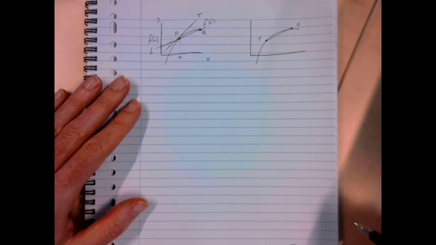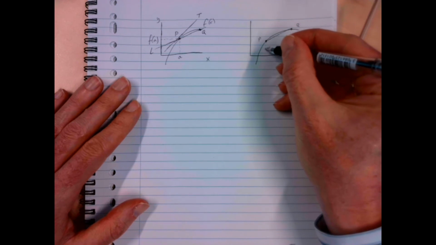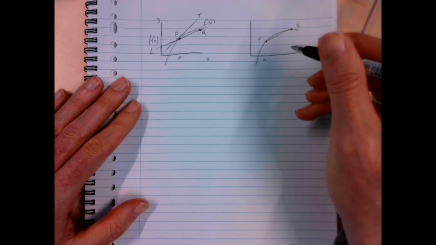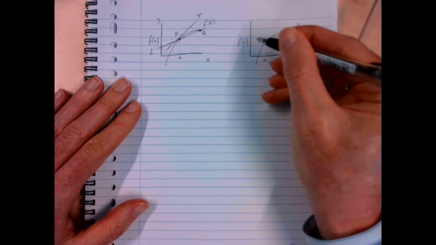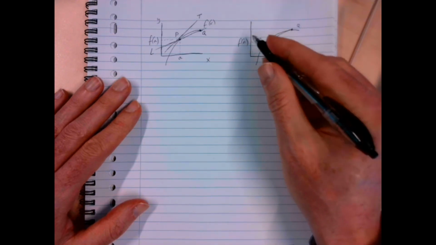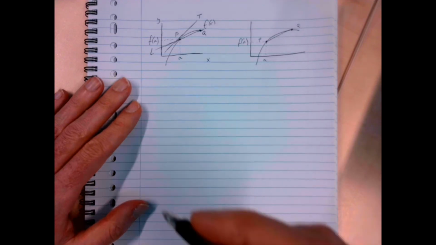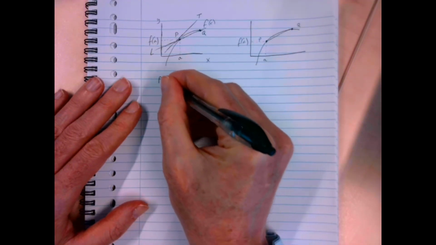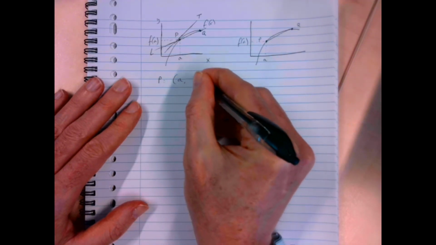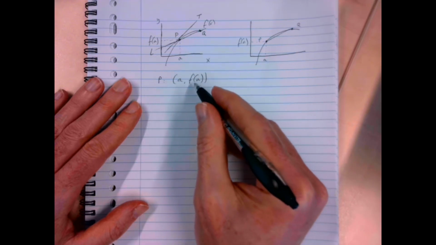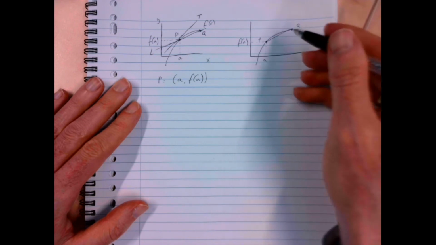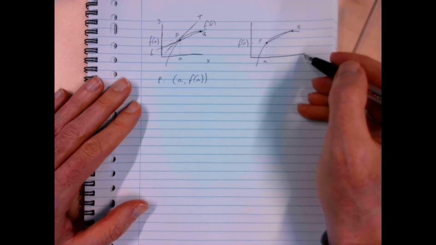Well, yeah, basically I can, because I know 2 points on this line. The first point P on this line is of this form, a, f of a, so x value a, y value f of a. This point Q, I took it a bit to the right.